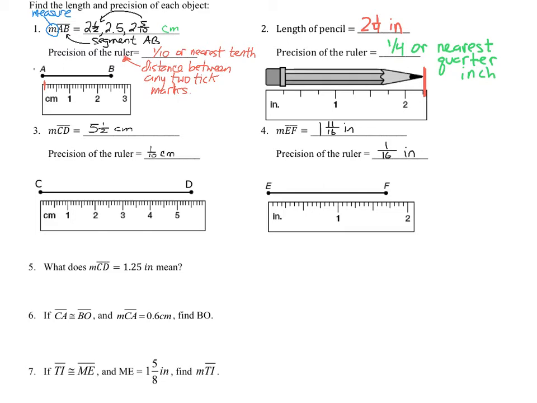Just out of curiosity, let me see what it would be on the paper. Of course, it takes a little getting used to. Oh, okay. On the paper it says 5 centimeters. Oh, I did not know this one had a level built into it.